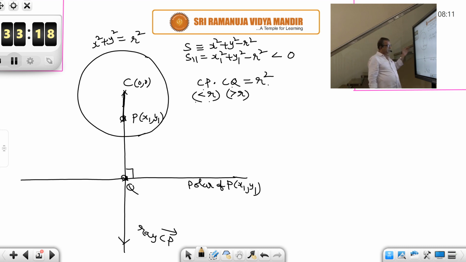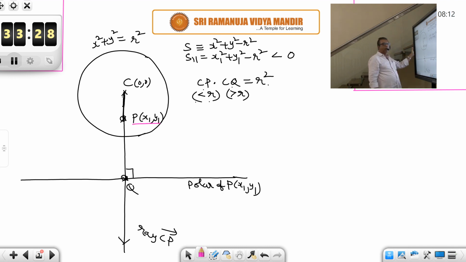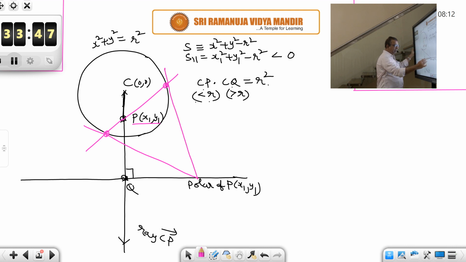So that means this is the polar of P means what? What is the actual definition of polar? I will use another color. For this point, if I want polar, what should I do? Through that point, I have to draw a line intersecting the circle in 2 points. At these 2 points, you have to draw 2 tangents. So those 2 tangents will meet exactly on this line only.